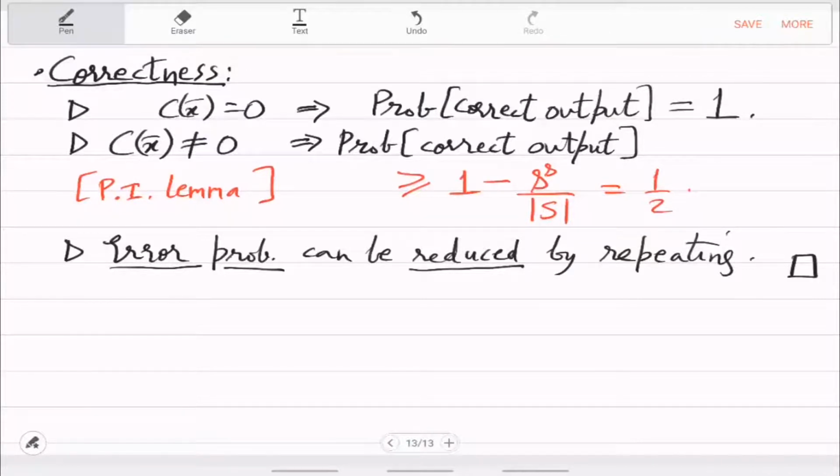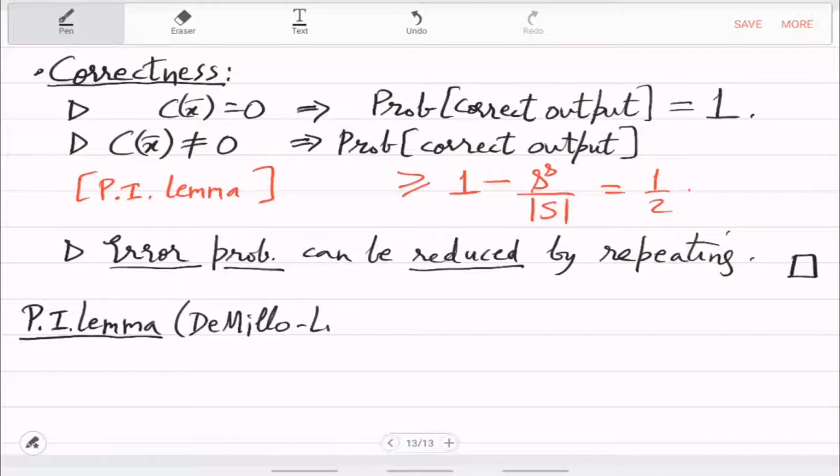Okay, the polynomial identity lemma. So this has been proved by many people. Let me give you the names: D'Amelio, Lipton, Zippel, Schwartz.